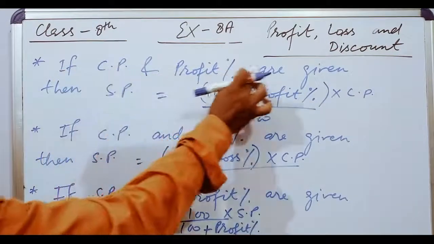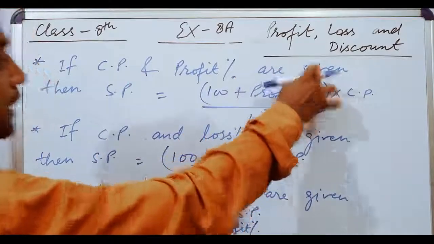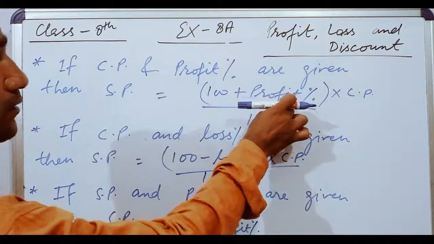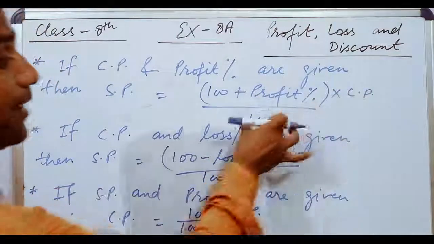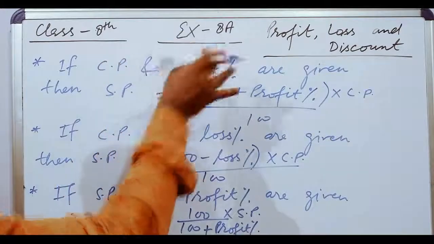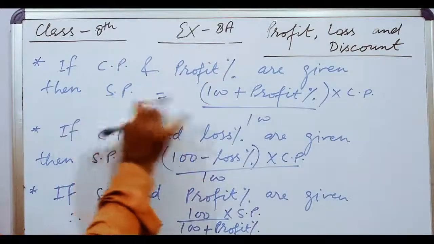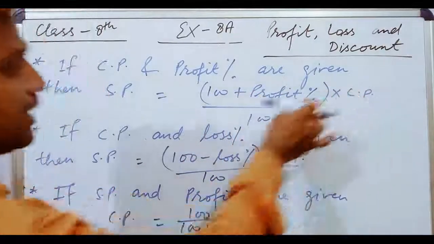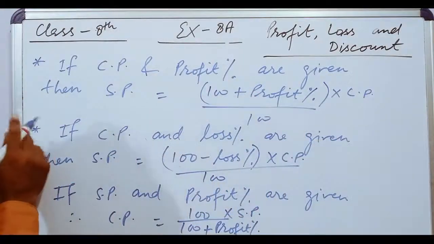If CP and profit percent both are given, and we have to find SP, then SP equals (100 plus profit percent) into CP upon 100.